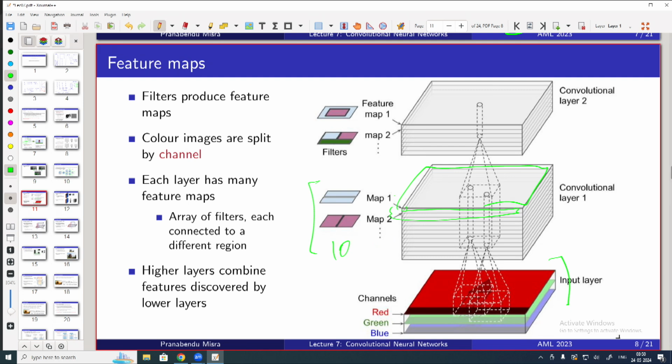Then the second convolutional layer will use these and build something. These will be multi-channel convolutions, because the input has multiple channels.